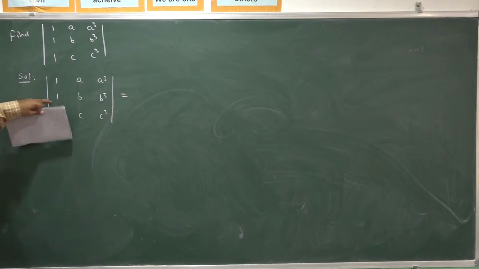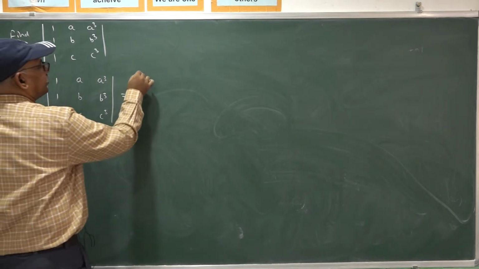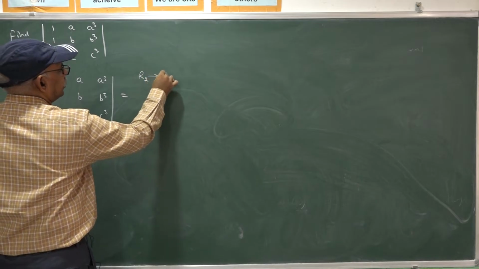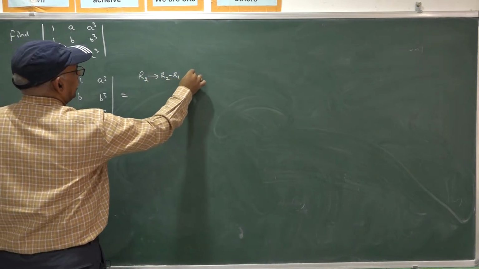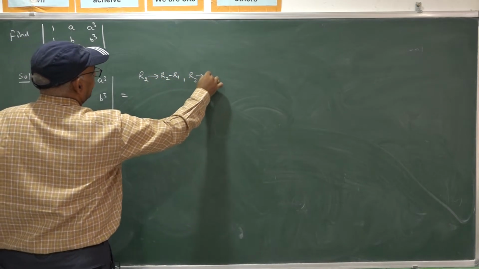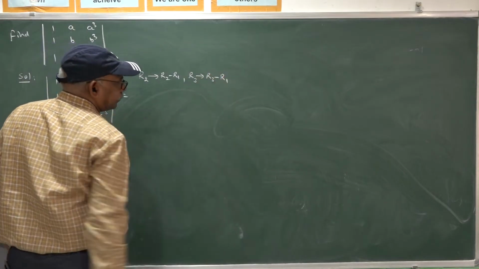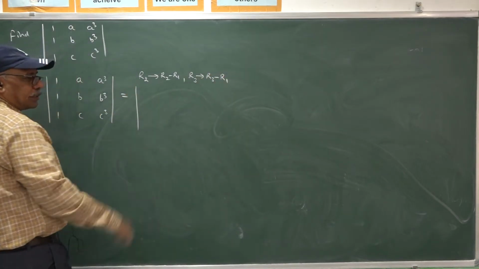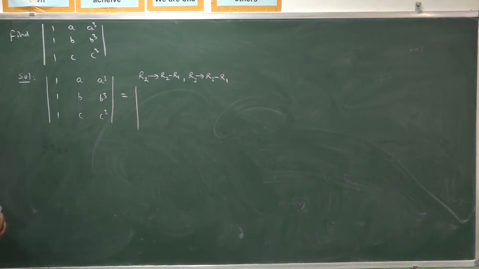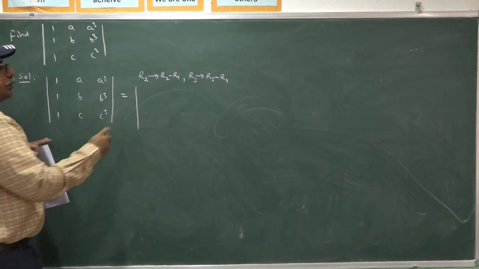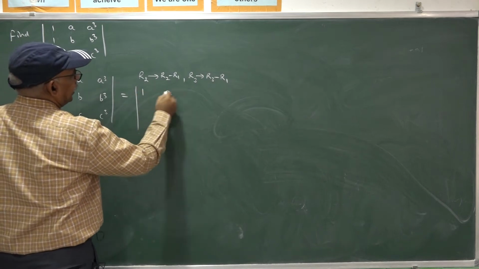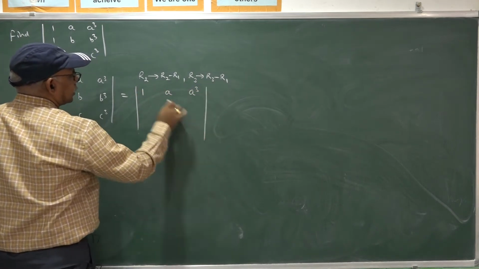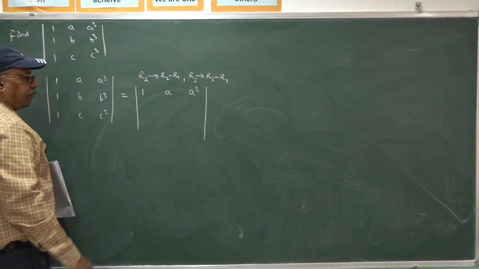Make these two positions 0 by taking R2 goes to R2 minus R1 and R3 goes to R3 minus R1. Taking these transformations over rows, the first row is unchanged here, 1, A, A cube, because the transformations are over R2 and R3.